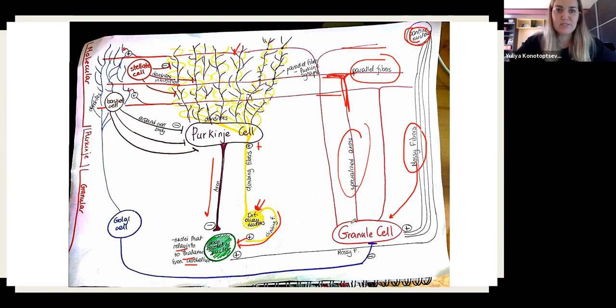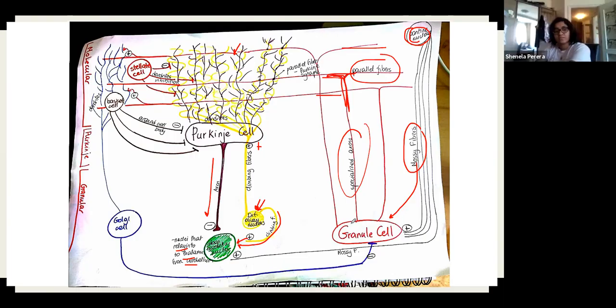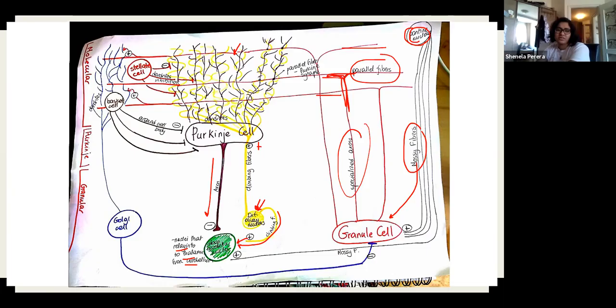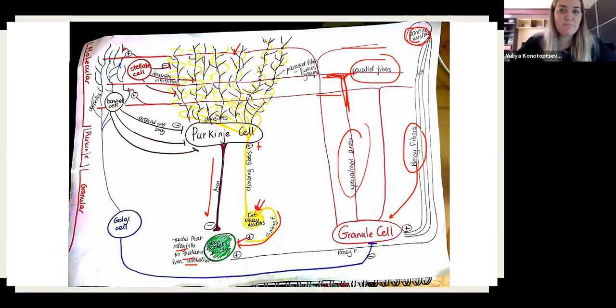Remind me, granule cell, is it excitatory or is it inhibitory? Excitatory. So if granule cell excites the Purkinje cell, what will the Purkinje cell do? Inhibit the deep cerebellar nuclei. So do you see the same process happens here?